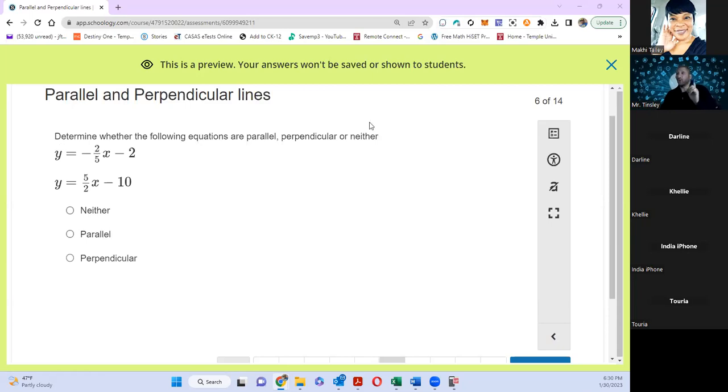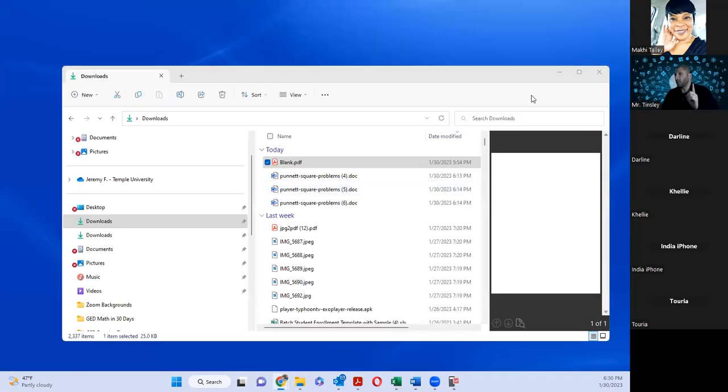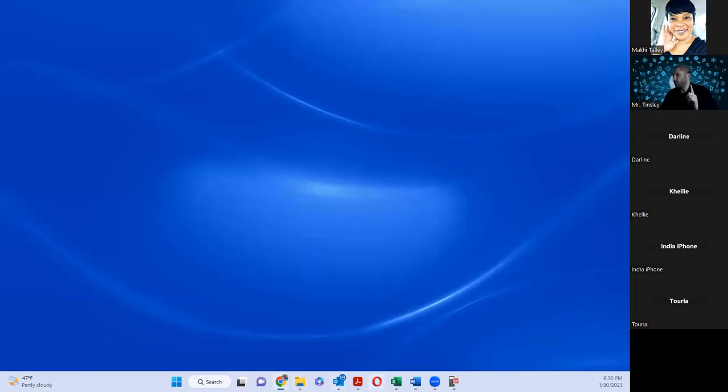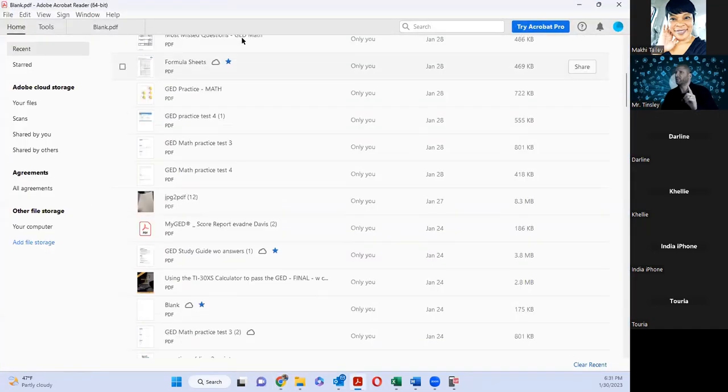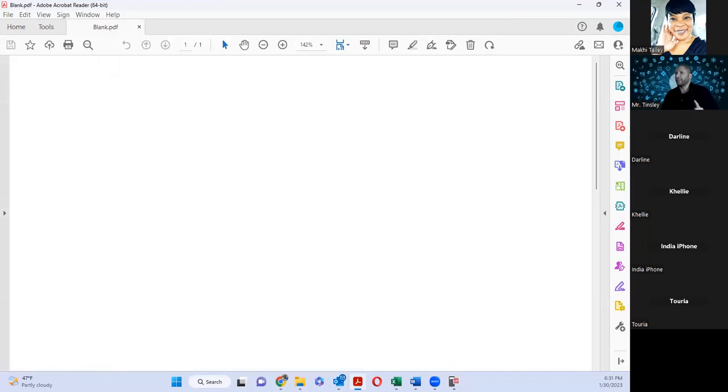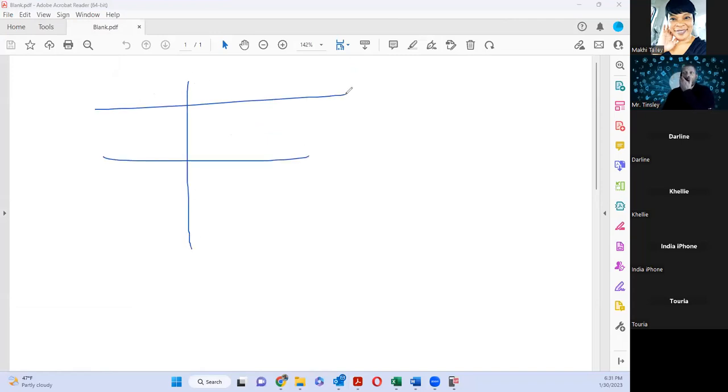Oh, I have a good question. I saw several people getting this incorrect, and this is an easy problem. If I have a graph and I have a horizontal line, say this is 1, 2, 3, 4, 5.